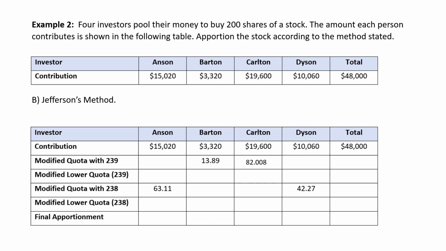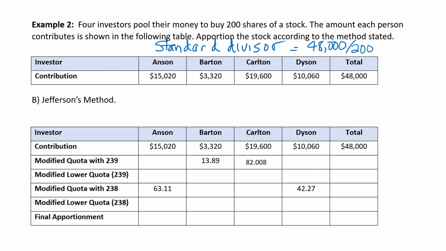It is worked out for you in its entirety in your notes. And from that portion of your notes, let's recall that the standard divisor is the total population, $48,000, divided by the number of items to be split up.